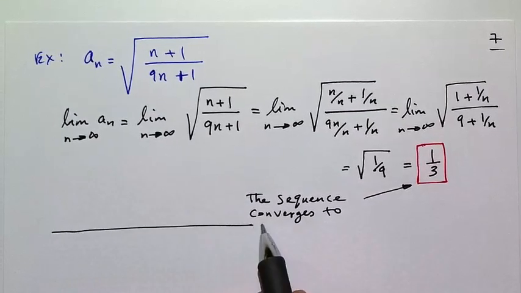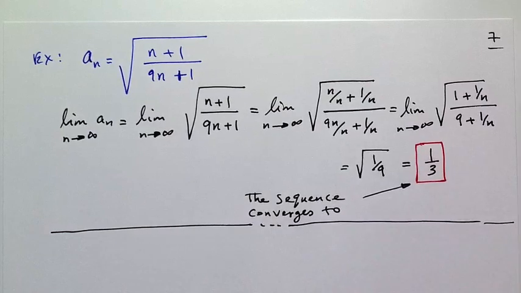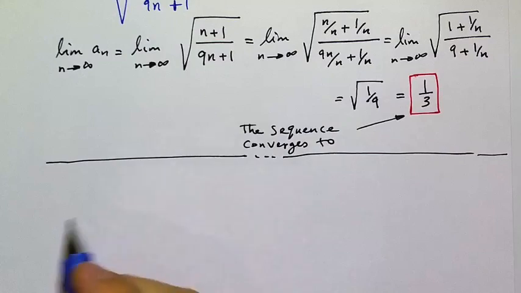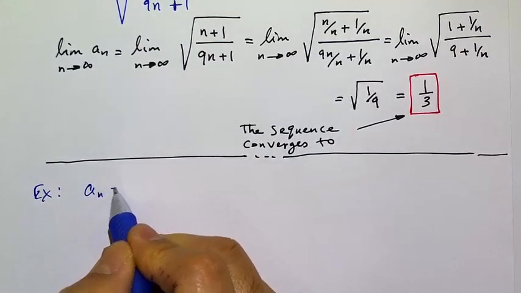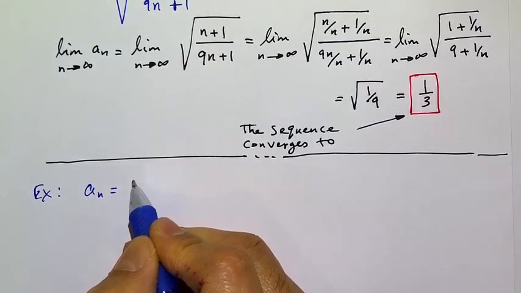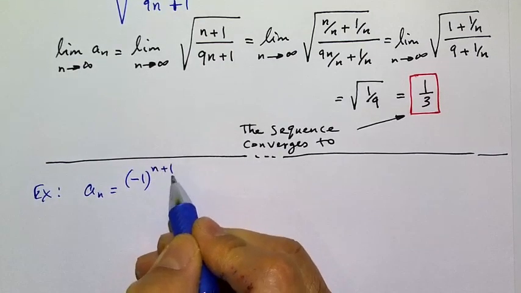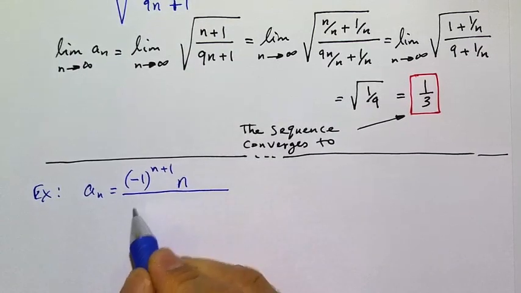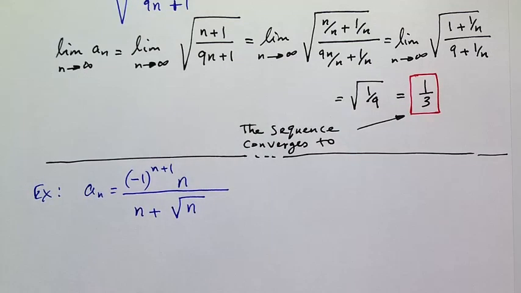So this was an easy one, right? Another example, suppose we have a sequence that is -1 to n plus 1 power times n divided by n plus square root of n.